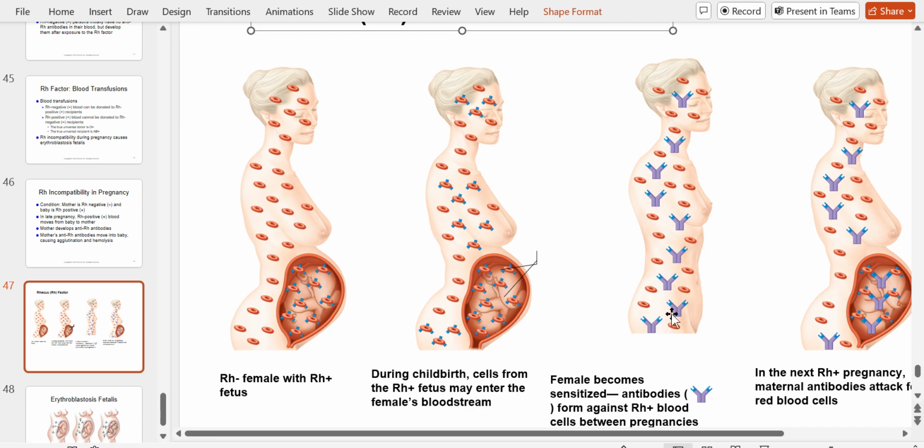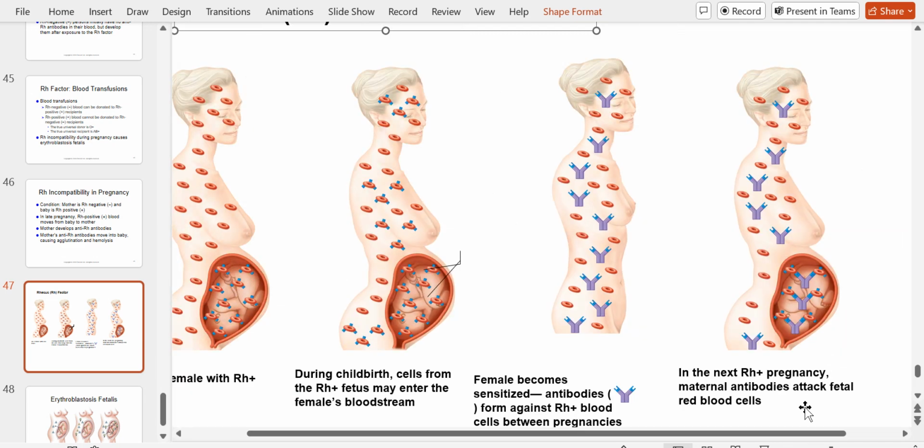You'll see that the antibodies now, baby came out, baby's fine, but now mama's body is looking for positive. Those antibodies, you remember the agglutination? Remember the jam? That's what's going on now. Mama has fully activated her immune system and is looking for RH positive.